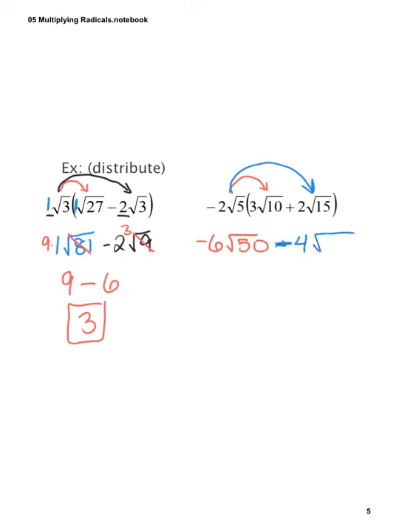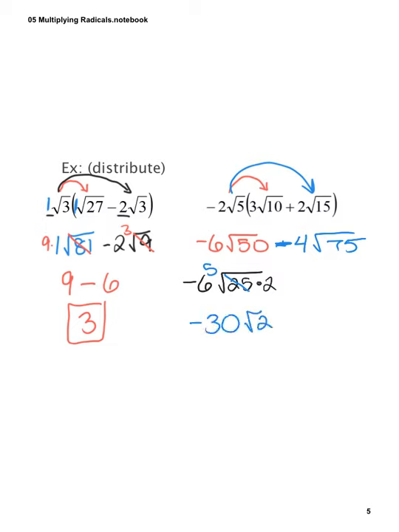And 5 times 15 is 75. Now I know I can break down a 50, so this becomes negative 6. 50 breaks down to 25 times 2. You could use 5 and 10, but you'd have to break them down further. Try to pick a perfect square when you're doing this. The square root of 25 is 5, so this is negative 30 radical 2.